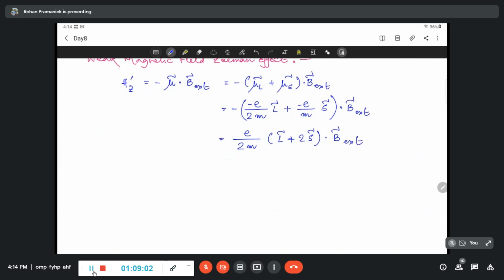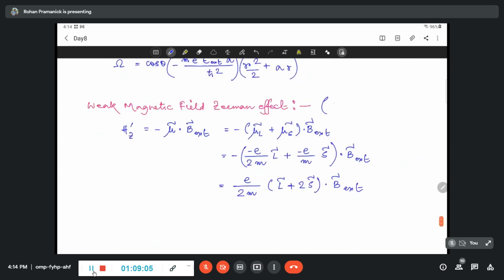Now in the weak magnetic field Zeeman effect, B external is less than the B created by the orbital motion. This B is the internal one.